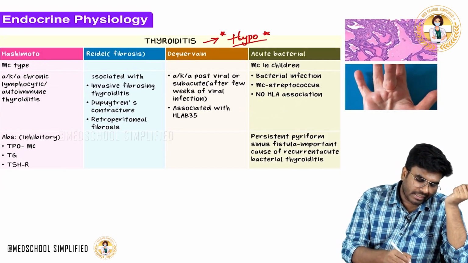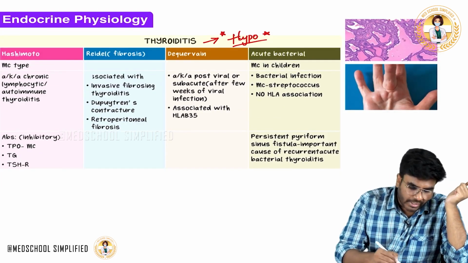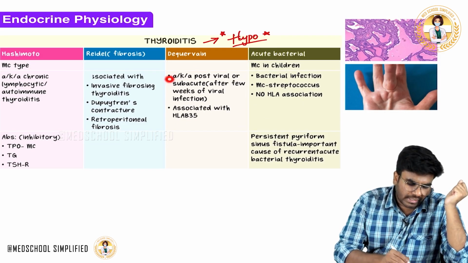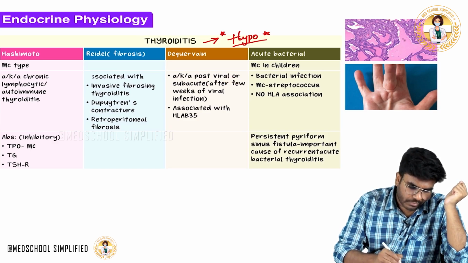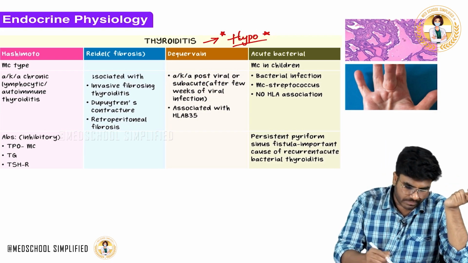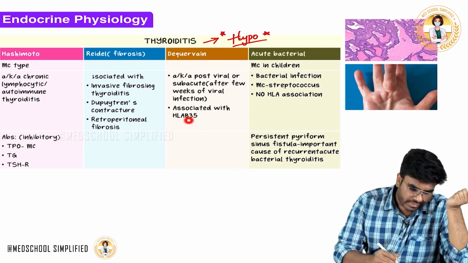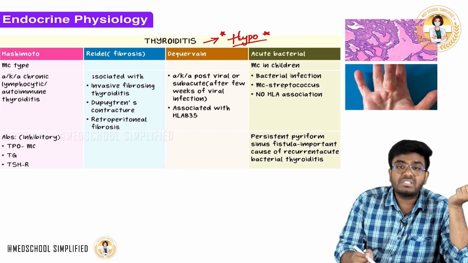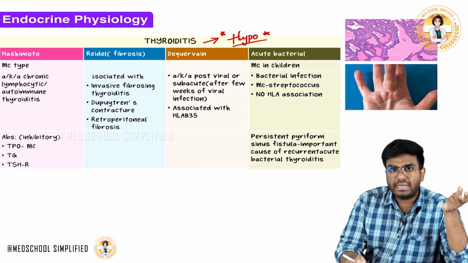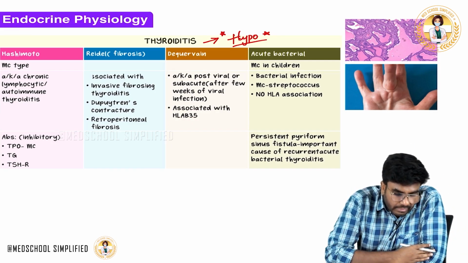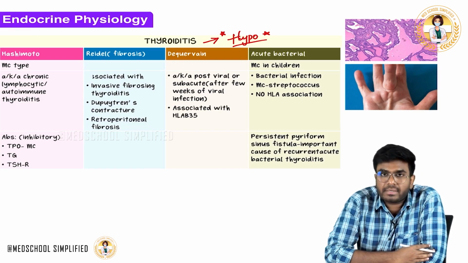Now let's talk about De Quervain's. De Quervain's thyroiditis is the post-viral thyroiditis, also called subacute thyroiditis, which is viral in origin. It is associated with HLA-B35, which is not that important. What is important is which thyroiditis is seen after a viral infection: De Quervain's thyroiditis.